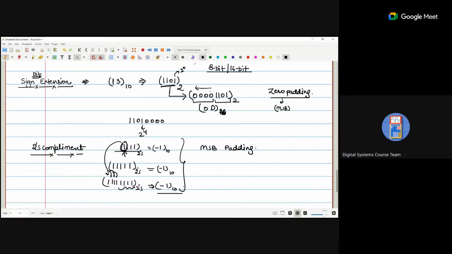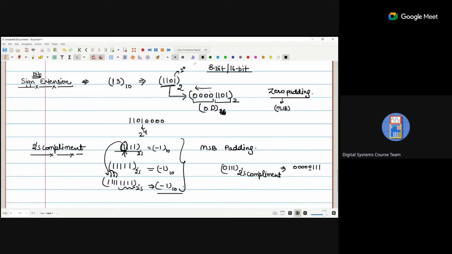Why do I say the MSB part? Here it is a negative number. For example, if the number is positive in 2's complement form, what should we do? We add 4 zeros.